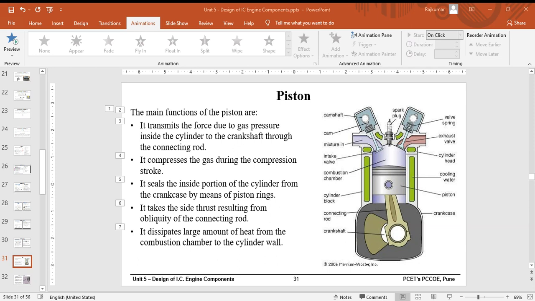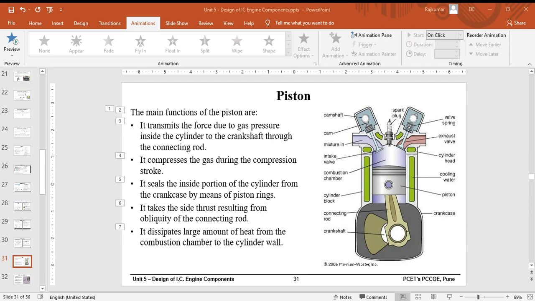Second, it should withstand high thermal and mechanical distortions, because a lot of force is exerted due to combustion gas, and also the reciprocating motion needs to be converted into rotary motion. So the material should be in a position to take such loads and distortions.